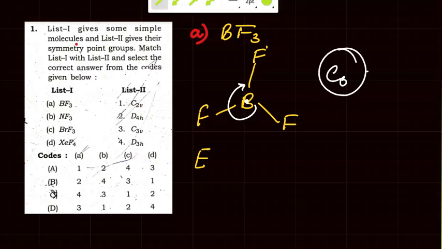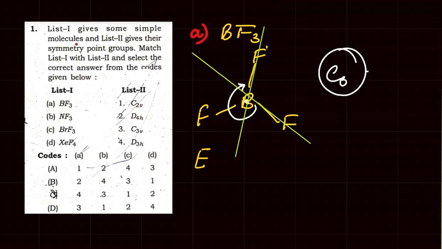Along with that, you are going to observe that perpendicular to the C3 axis, three C2 axes are also present, which pass through boron and fluorine. So how do we decide which axis is the principal axis? It is C3, because whenever we talk about the principal axis of symmetry, we have to see that the axis which passes through the least number of atoms will be the axis of symmetry.